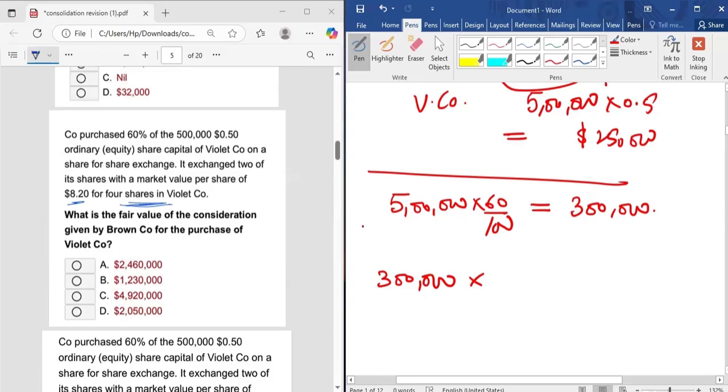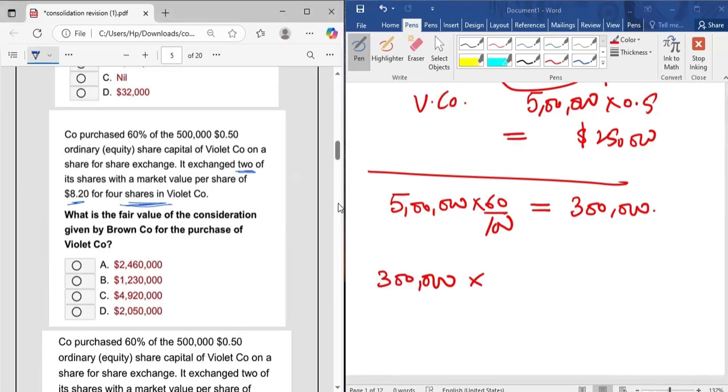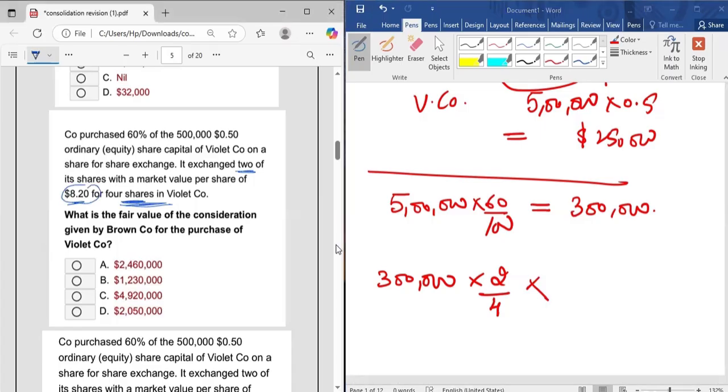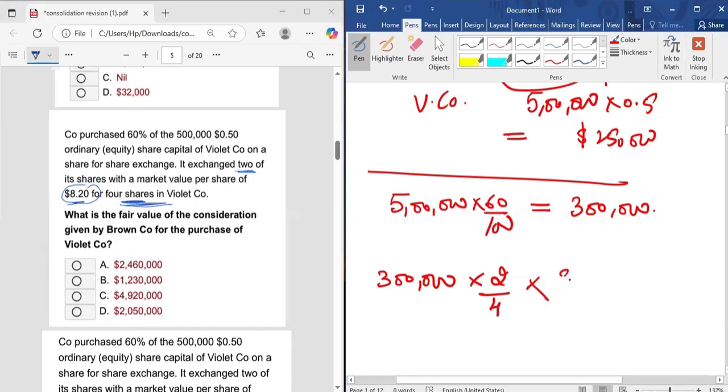It has exchanged 2 of its shares for 4 shares. So, we will multiply it by 2 and we'll divide it by 4. The number of shares which X company has taken of Violet Company will go in the denominator and the number of shares it has exchanged will go in the numerator. Now I'll multiply this figure by the market value of share of Violet Company, okay, which is 8.2. So let me calculate it.